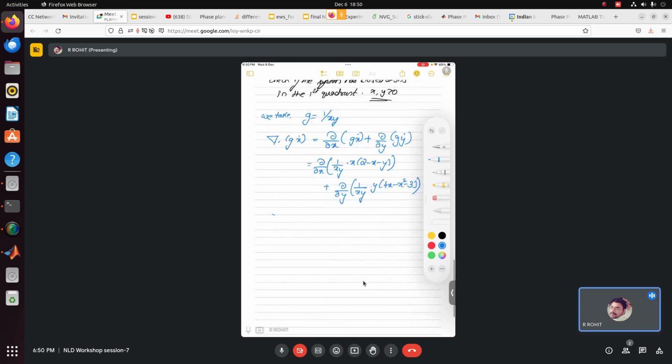If you expand it, you will remain with dou by dou x of 1 by y times 2 minus x minus y, plus dou by dou y of 1 by x times 4x minus x square minus 3.